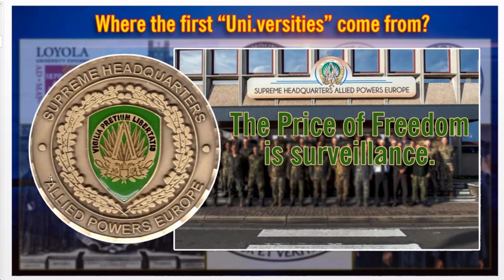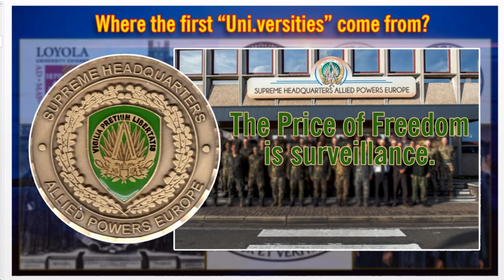Then you have another way of coding the reality, which is writing or talking in Latin. And here you have, for example, NATO. NATO has another arm, which is called SHAPE, the Supreme Headquarters Allied Powers Europe.